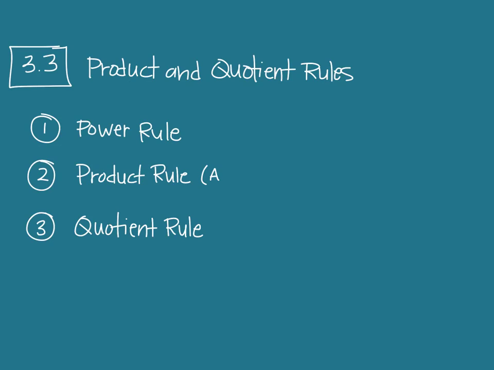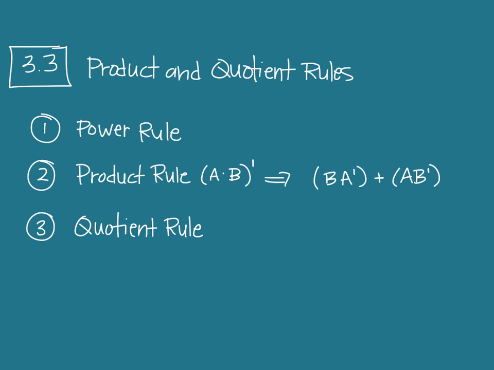If you have A times B and you want to prime that, in other words, you want to find the derivative of the product A times B, the rule for that is B with the prime of A plus A with the prime of B. Technically the order doesn't necessarily matter because we're adding and multiplying, but you want one derivative paired with one original function, and then you add the sum.